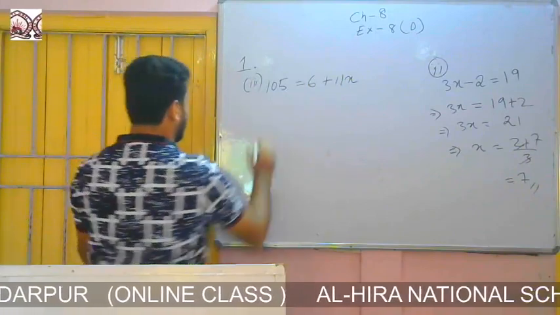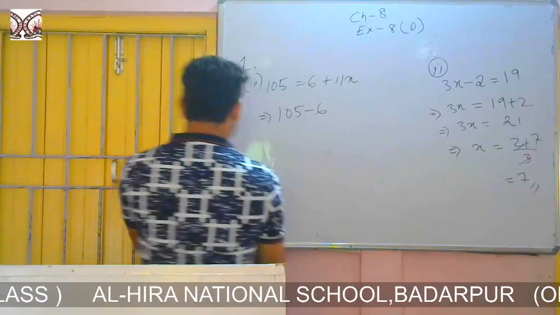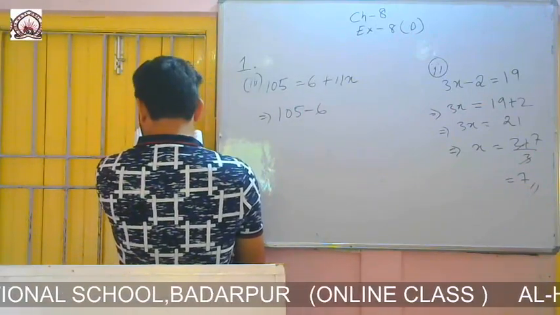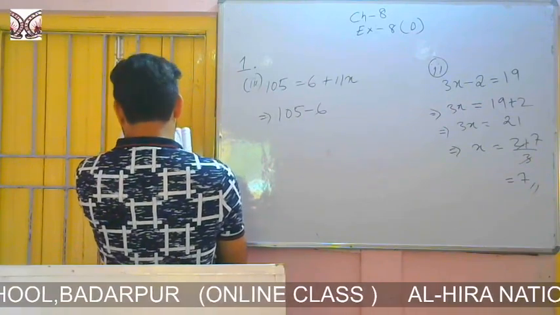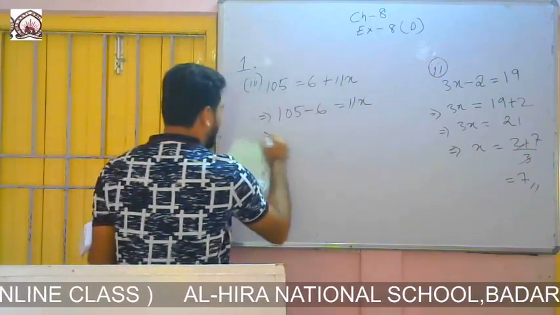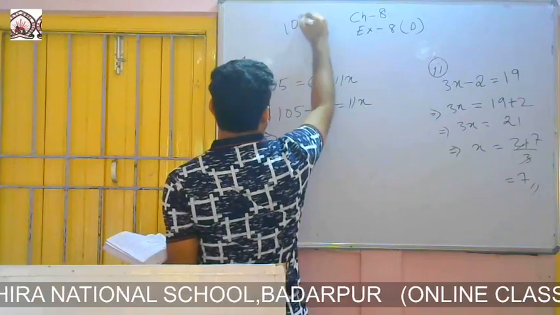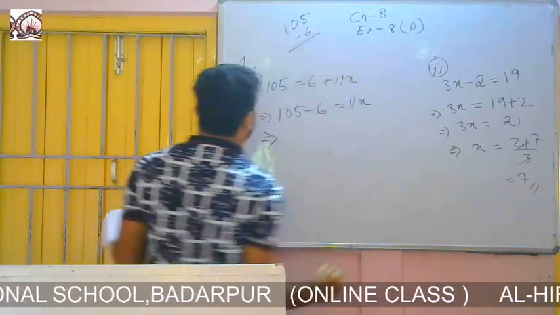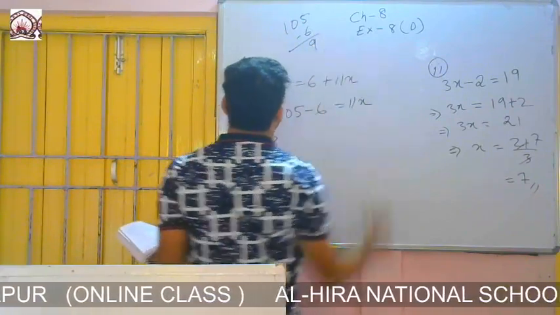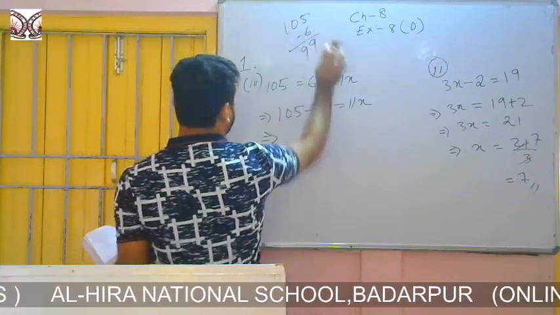That means if I take 105 to the left side, 105 equals 6 plus 11x. Then 11x. Then 105 minus 6, if I subtract, then I will get 99.